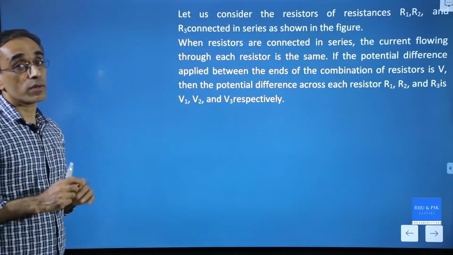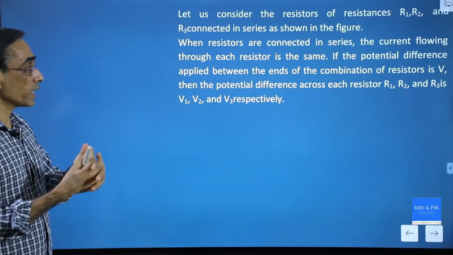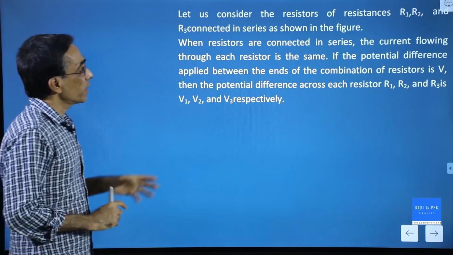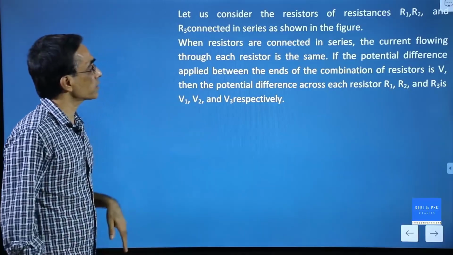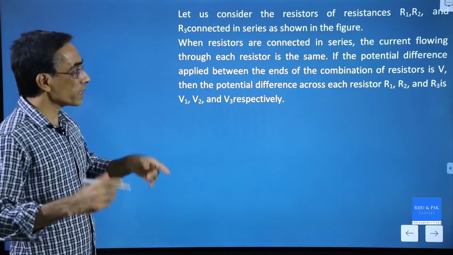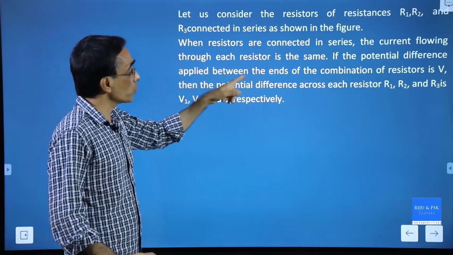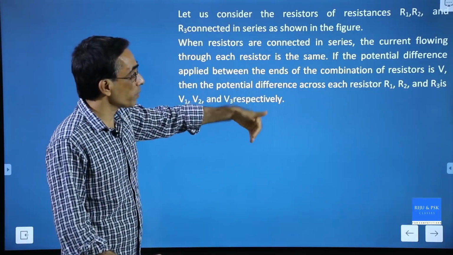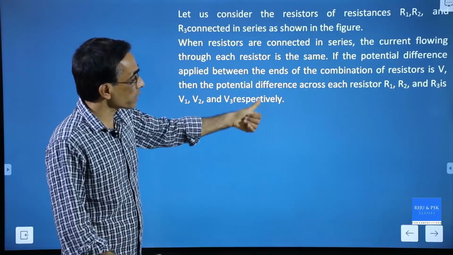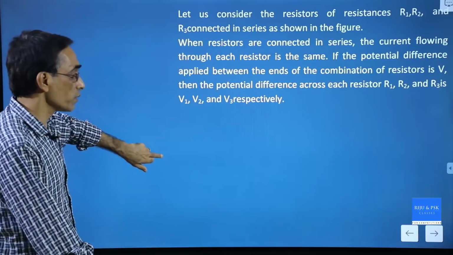Now we have to find out the equation for equivalent resistance. Again, you have done this in the 10th standard. What we see is that we will consider R1, R2, R3 connected in series. When they are connected in series, you can see current flowing through each resistor is same. If the potential difference applied between the ends of the combination is V, then the potential difference across each resistor R1, R2, R3 is V1, V2 and V3.